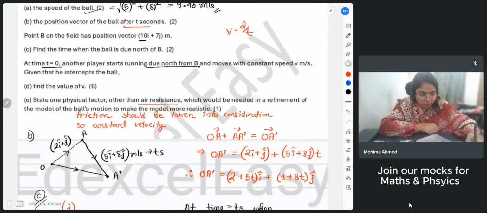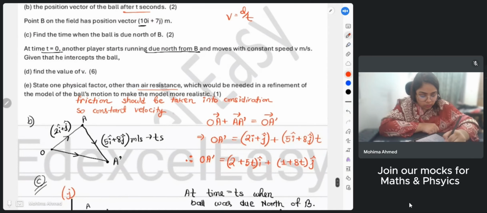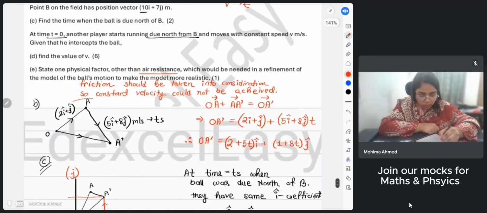So constant velocity would not be achieved, right? This is one of the possible answers for part E.